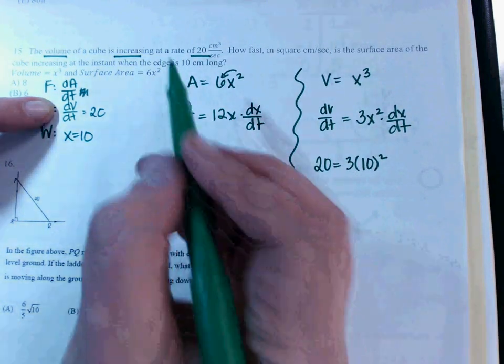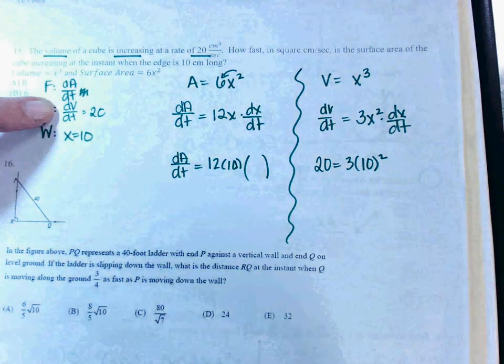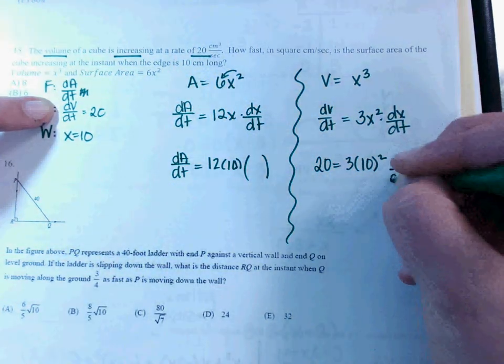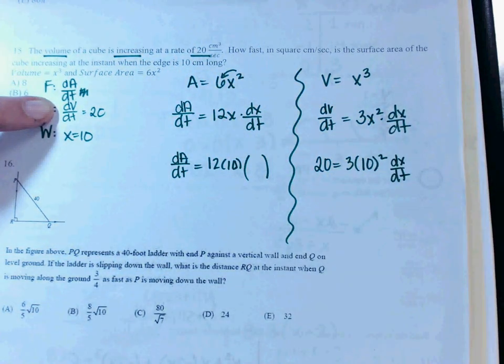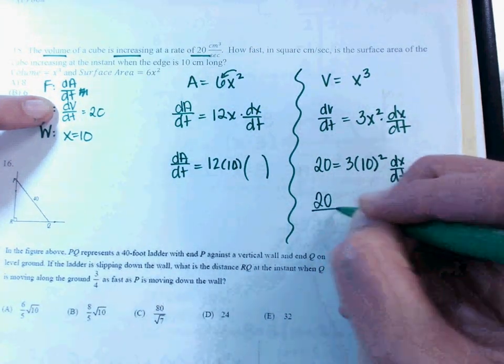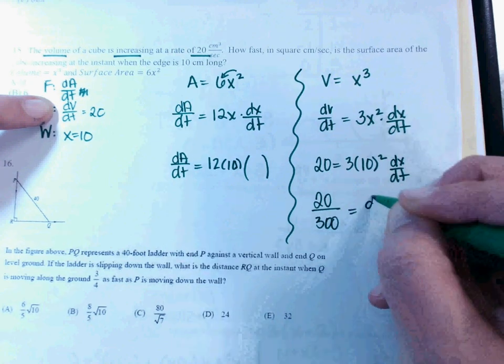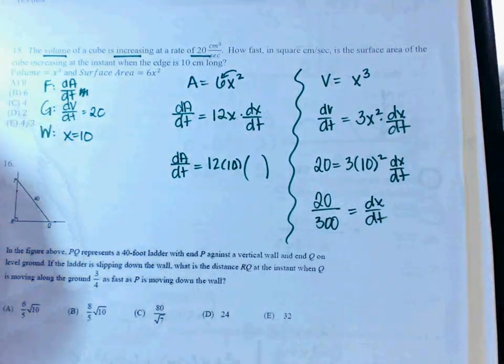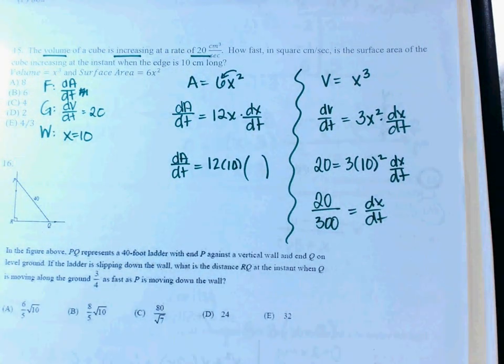Didn't they say the edge is 10? And then dx dt here. What is 10 squared? Times 3? So it'd be 20 over 300. Yeah? And then what do I do with that? Yeah, plug that back into the original.